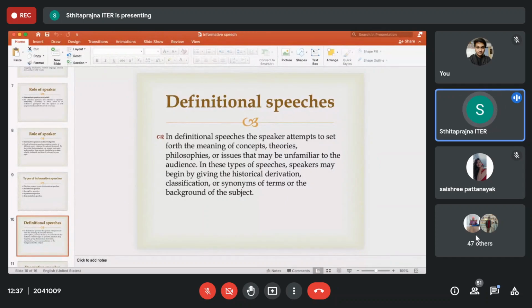So it's like this. You go on to talk about the historical derivation, the etymology of the word, the relevance, the classification. So if you're going to make a talk on atoms and molecules, this is how you're going to start off. That's a definitional speech.